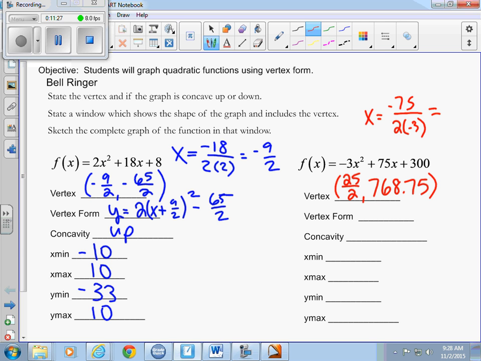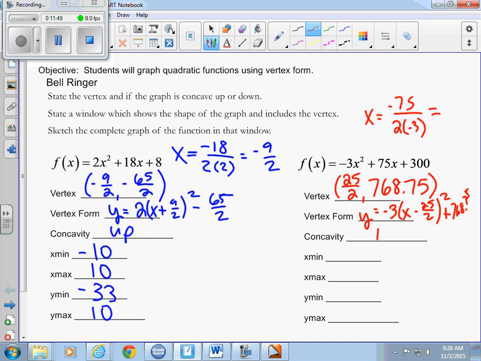Okay, vertex form. Negative 3 times x minus 25 over 2 squared plus 768.75. Concave up or down? Very good. Let's talk about window here.